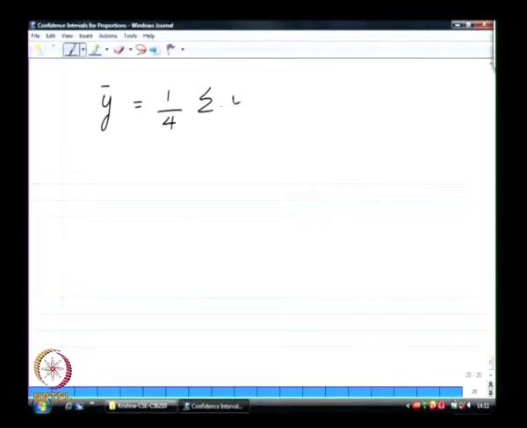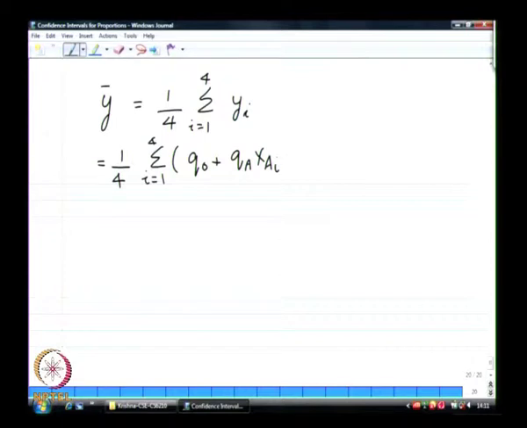So if I look at the sample mean, which is simply 1 over 4 times all the yi's, remember this is defined as follows, right. So yi is q naught plus qa into xai plus qb into xbi and so on.